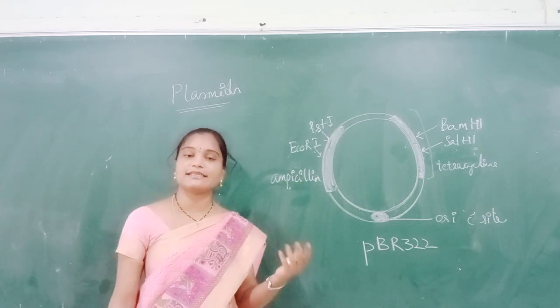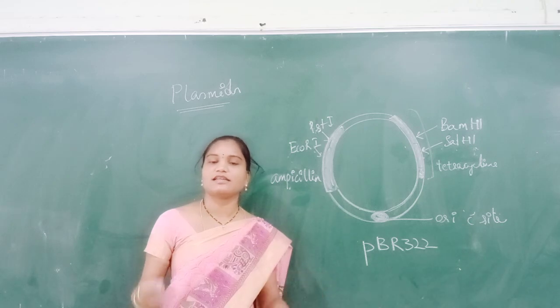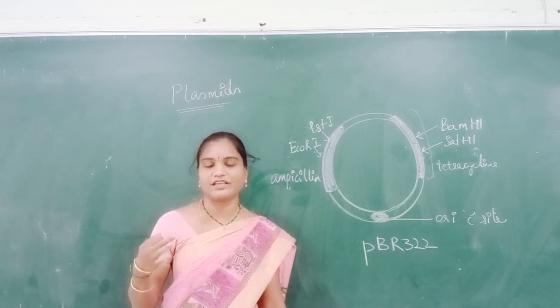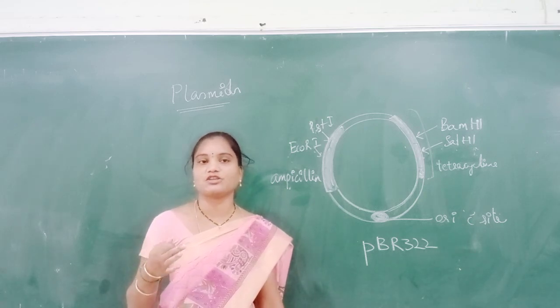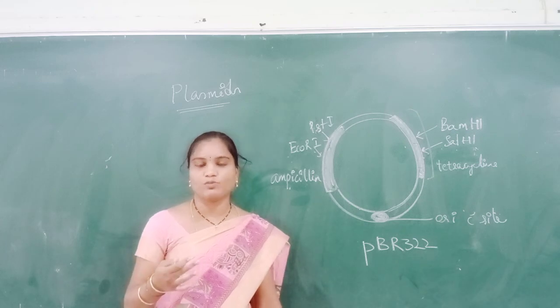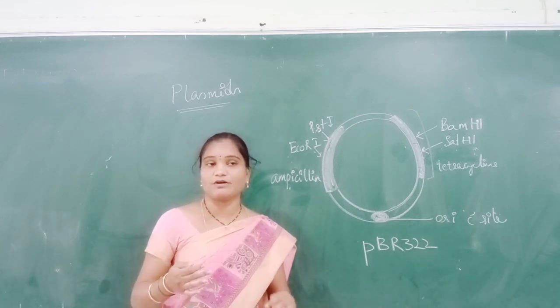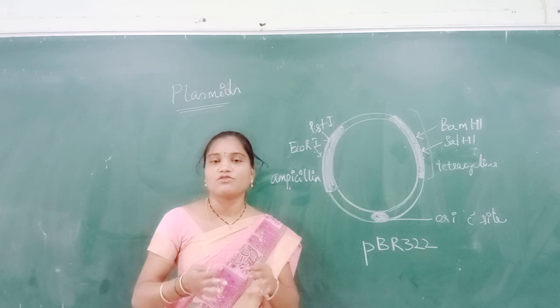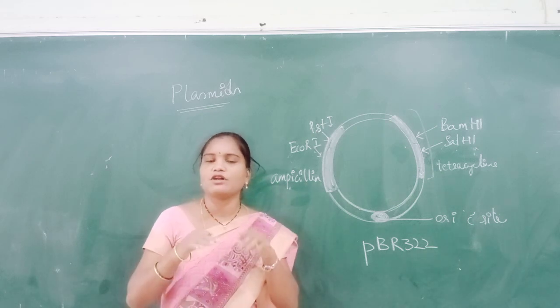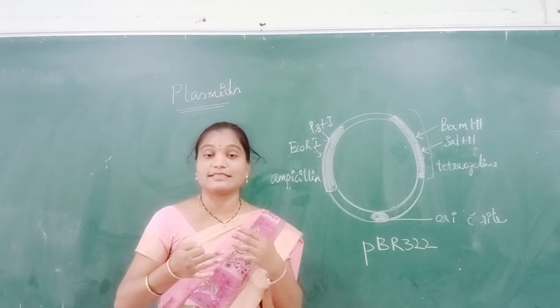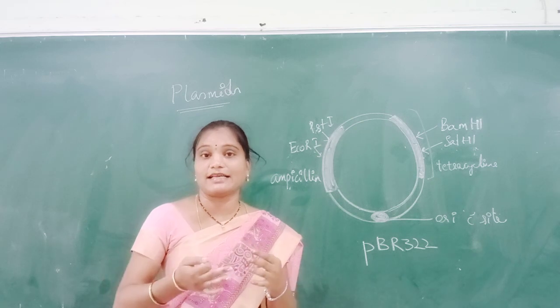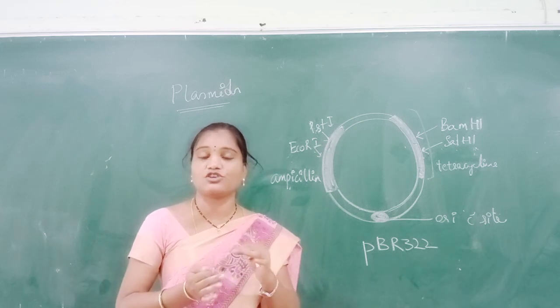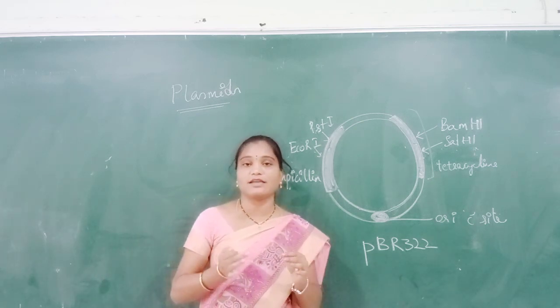And as I said in your previous session, there are three important features that a vector should have. For a bacterial plasmid or DNA molecule to act as a vector, it should have all three properties.